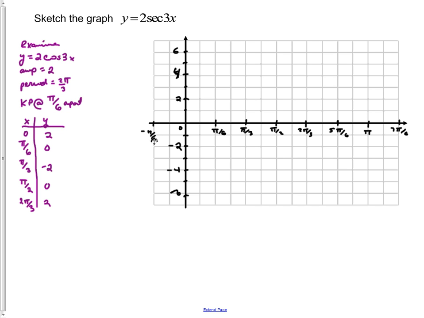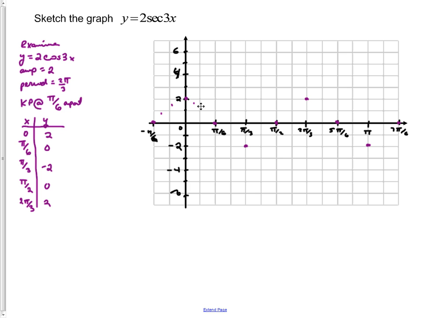What do we do here? Well, let's see. In purple, our graph is going to go 2, 0, negative 2, 0, and 2. And if we keep following this pattern, we go back to 0, negative 2, and 0. To the left here would be 0 at negative pi over 6. We know what's going to happen right here.